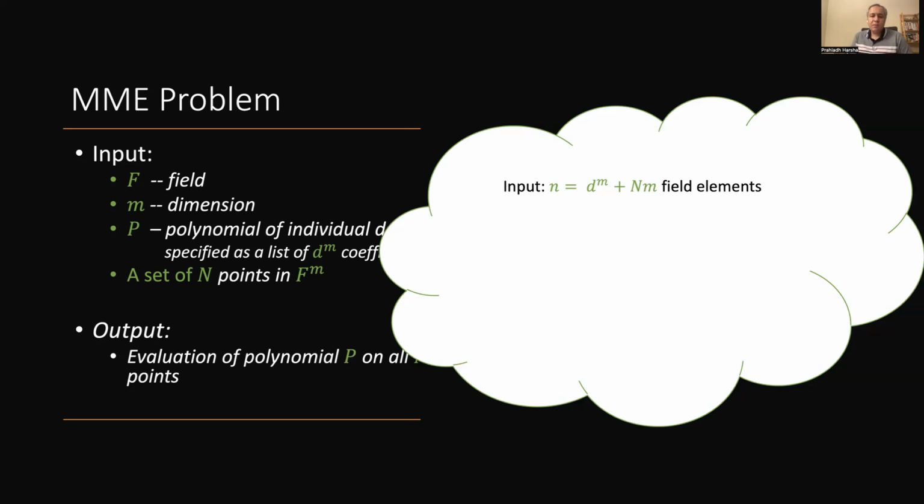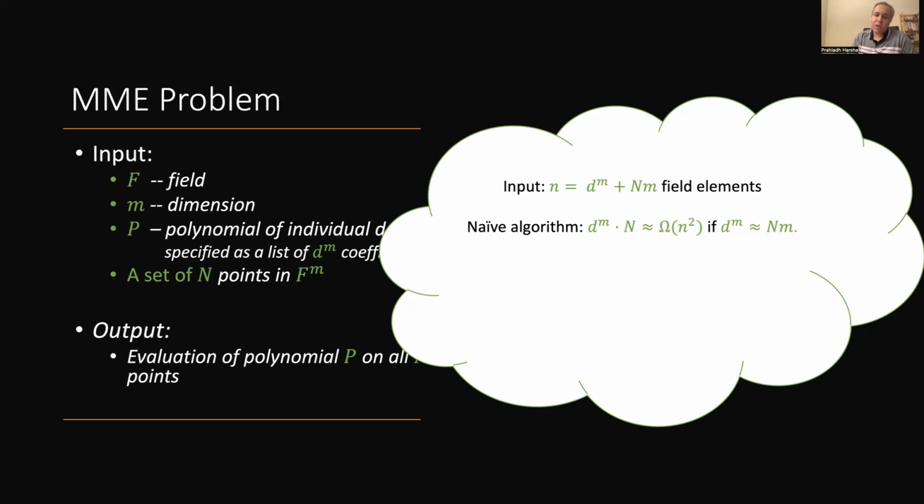And we are interested in algorithms that run fast in this input length. A naive attempt to solve the MME problem would essentially evaluate P sequentially on each of the n points. Such an algorithm takes time at least d^m times n, which can be quadratic when d^m and n are approximately of the same magnitude.